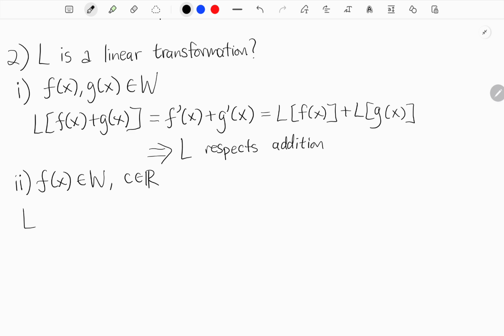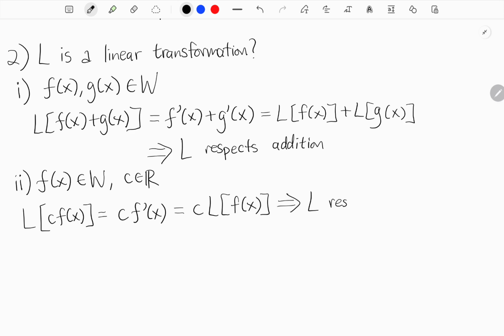L of c times f of x is equal to the derivative of c times f of x. Well, c is a constant, so you just have c multiplied by the derivative of f of x, which is f prime of x. The constant gets multiplied afterwards. Now f prime of x is L of f of x. So we get that L respects scalar multiplication.